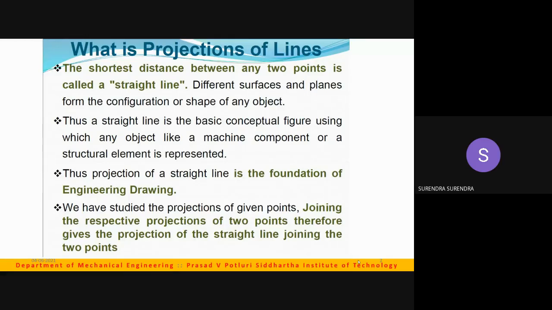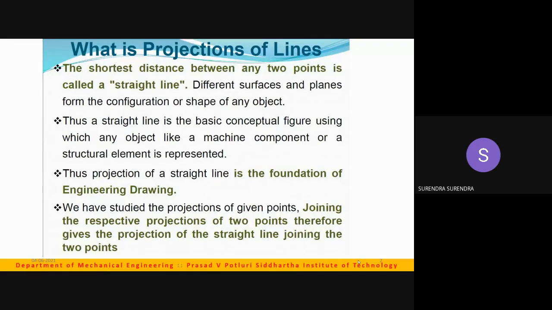Second angle projection or fourth angle projection is not used in standard engineering drawing. In engineering drawing standards or Indian standards, we use the first angle projection, always assuming that the object is in the first quadrant, that is above the horizontal plane and in front of the vertical plane.